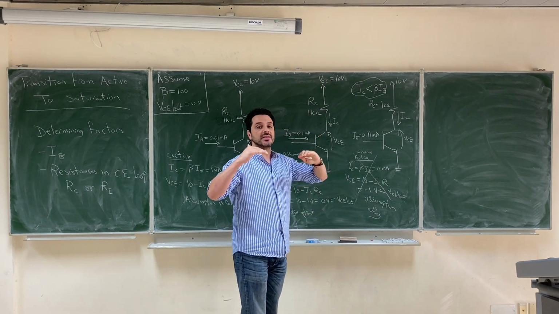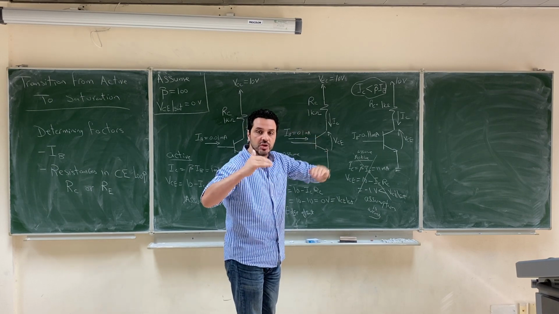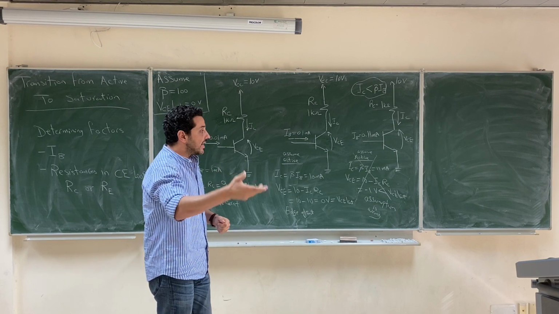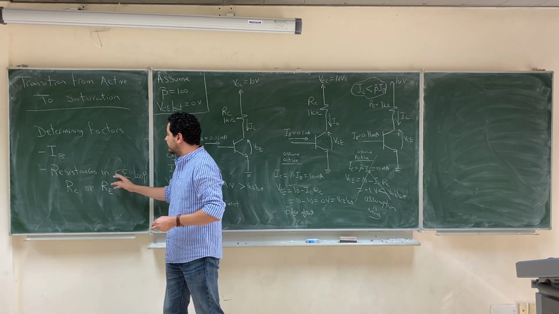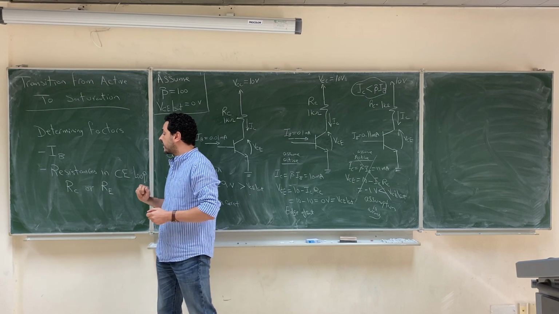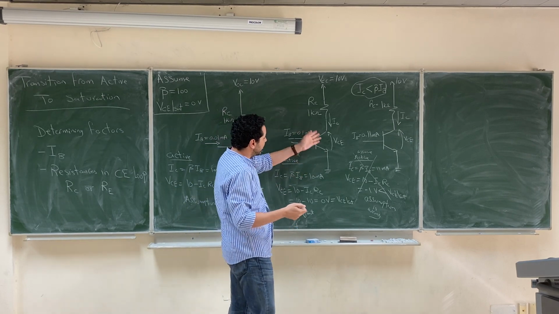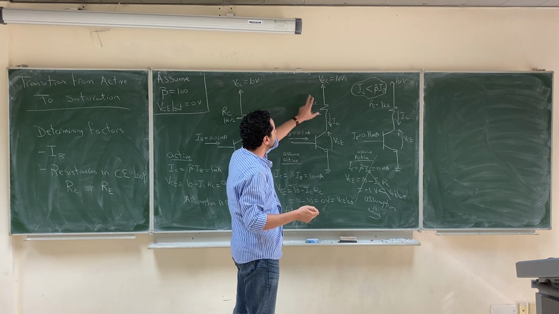At this point, IC will not be able to increase anymore, and this is the point at which the transistor enters the saturation region. The second reason that the transistor enters the saturation region is because of the resistances in the collector emitter loop. In our example, the only resistance in the collector emitter loop is RC.